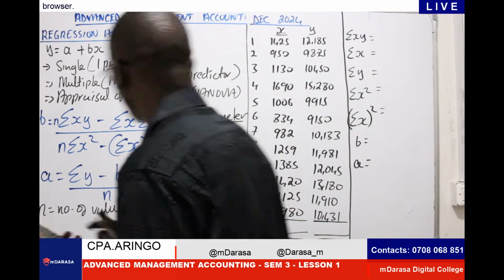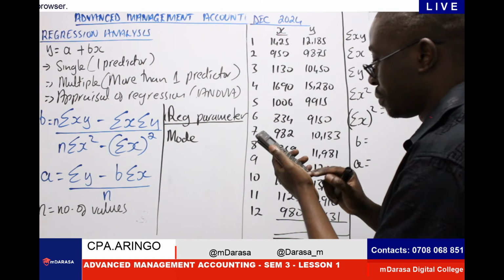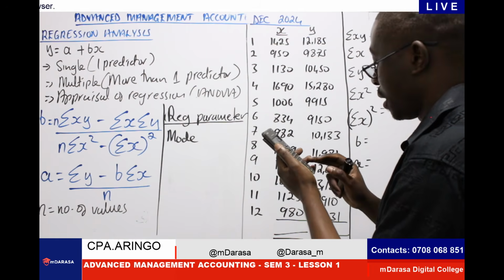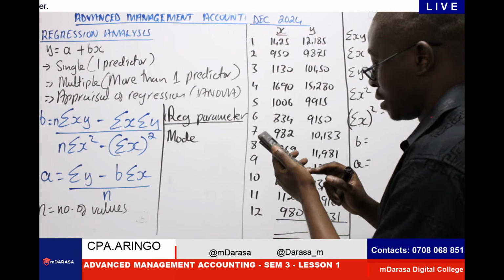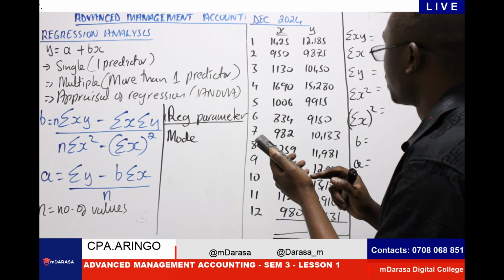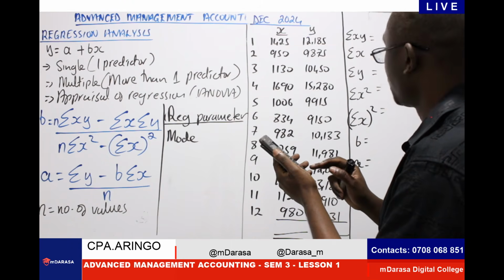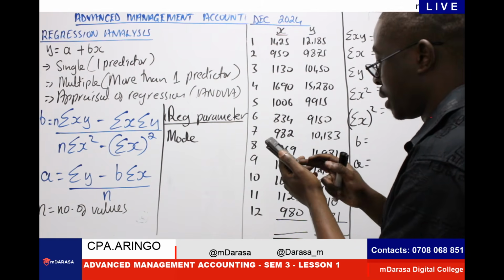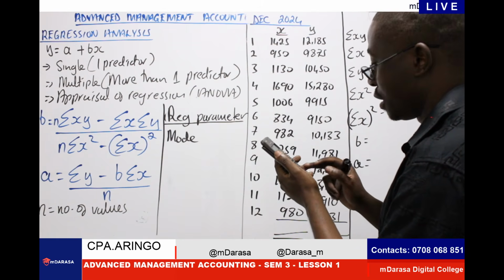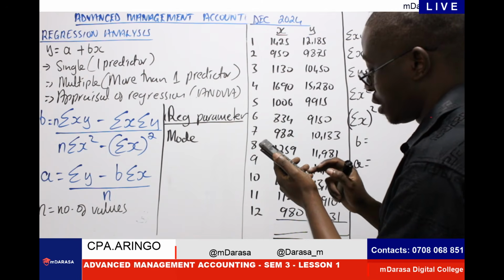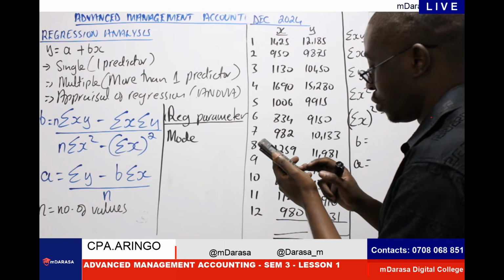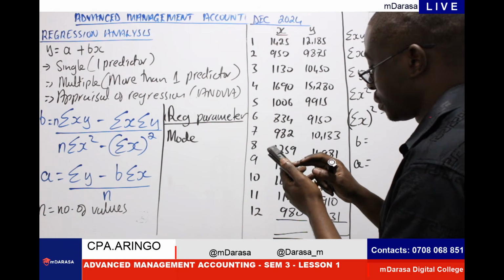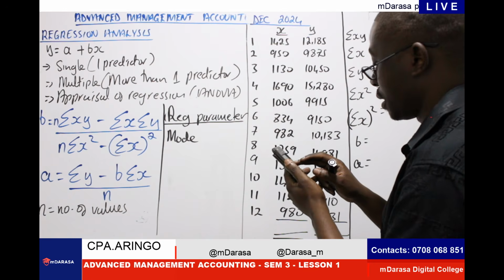So we do 1130, comma, 10450, M plus. 1690, comma, 15,280, M plus. 1006, comma, 9915, M plus. 834, comma, 9150, M plus.